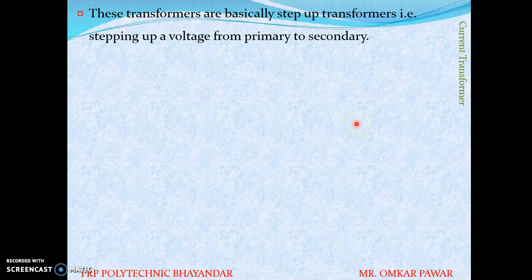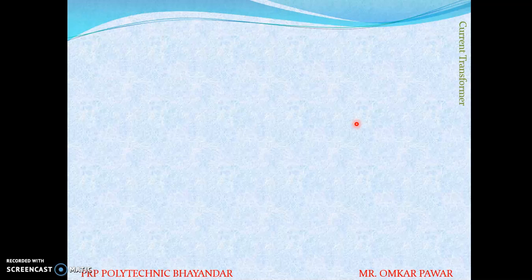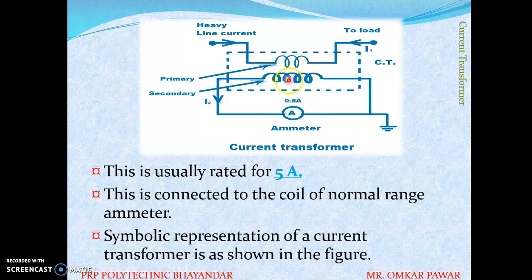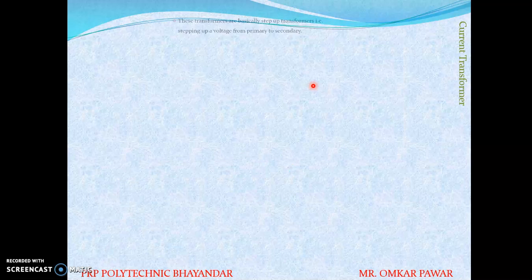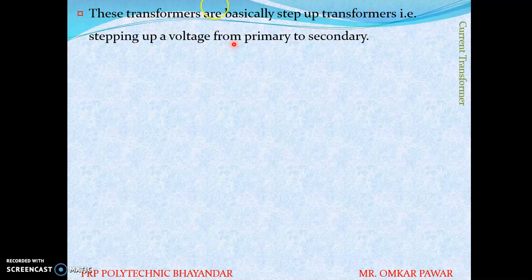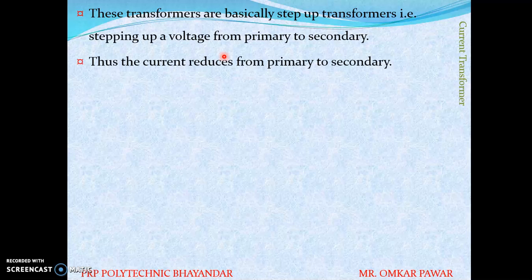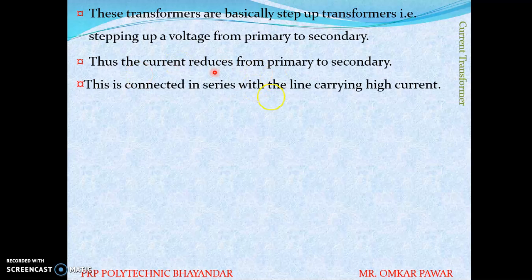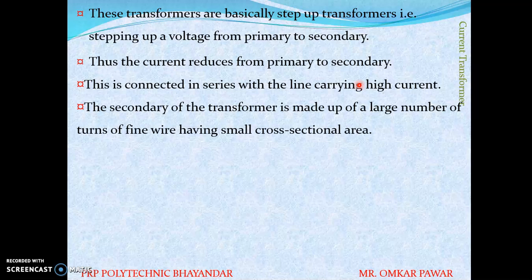So these transformers are basically step up transformers. That is, it has a large number of turns in the secondary side, stepping up the voltage from primary to secondary. Thus the current reduces from primary to secondary. This is connected in series with the line carrying high current.